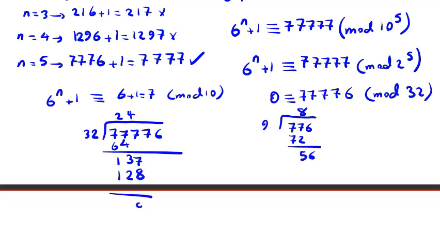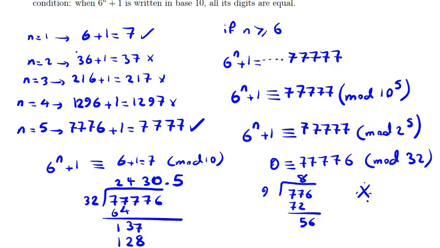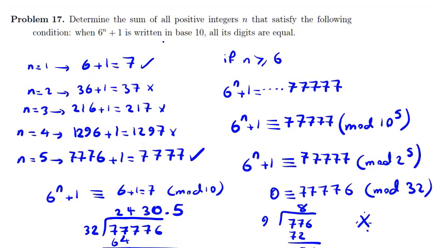It has 97, 3 times this, 96, and a remainder of 16. So it is not a multiple of 32, and that's a contradiction. So the only answers are n=1 and 5, and the problem asks for the sum of them. So the answer is 1 plus 5 equals 6.